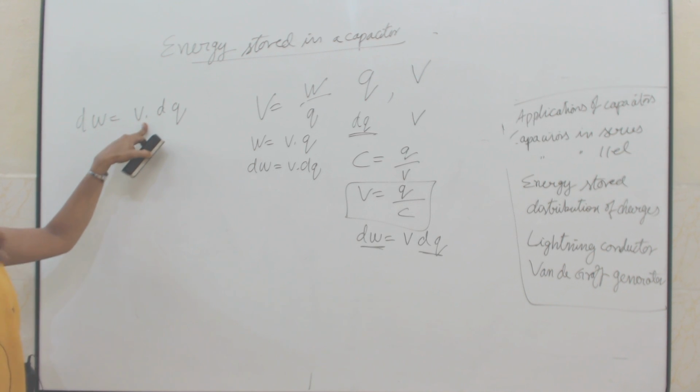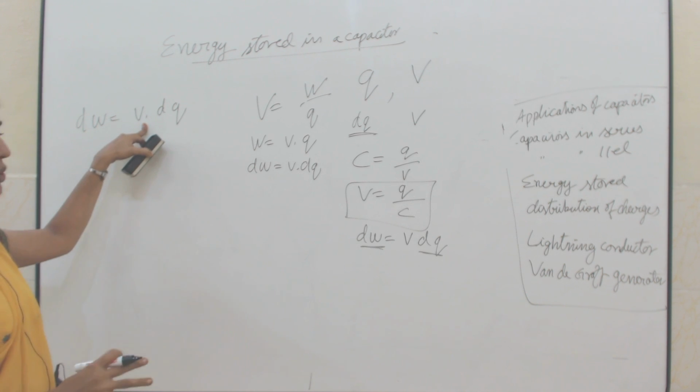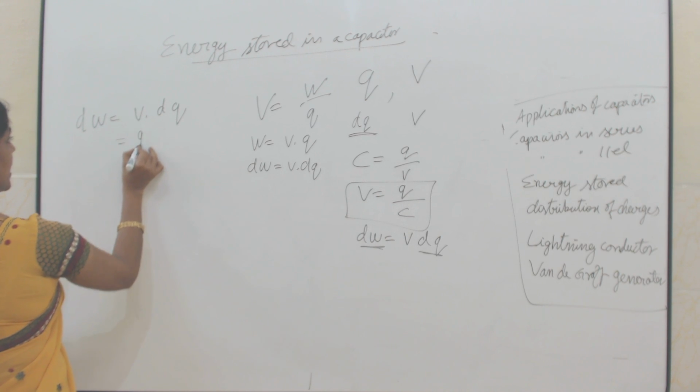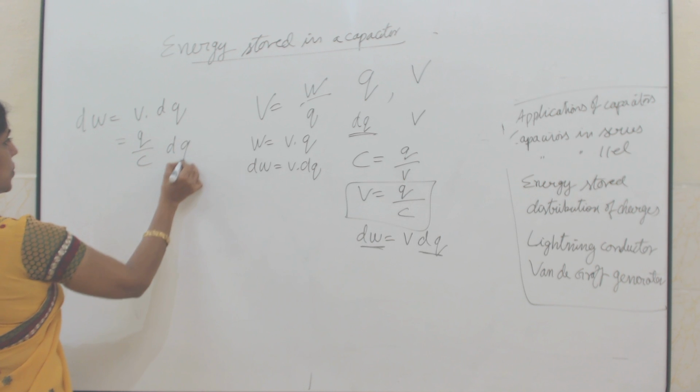What is V here? The potential developed because of the charge given to the conductor. It is given by the formula V equals Q by C. So, dW will be equal to Q by C dQ.